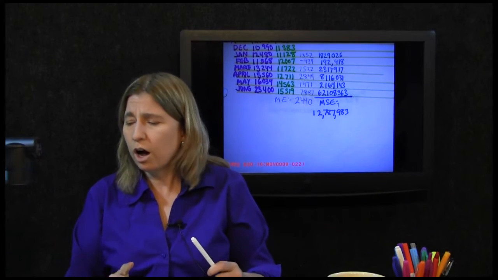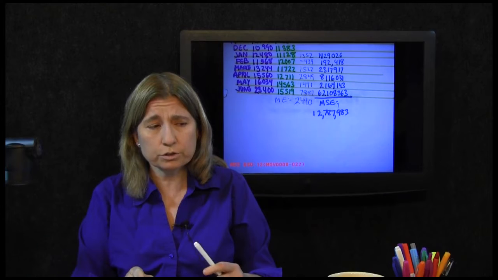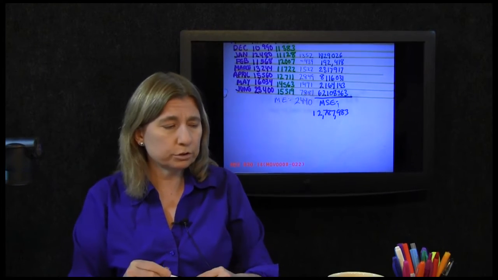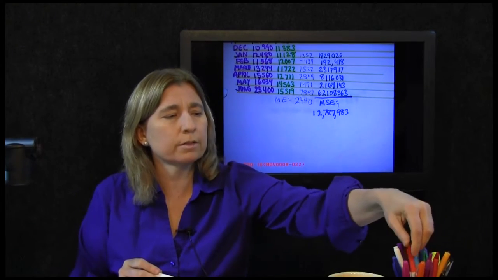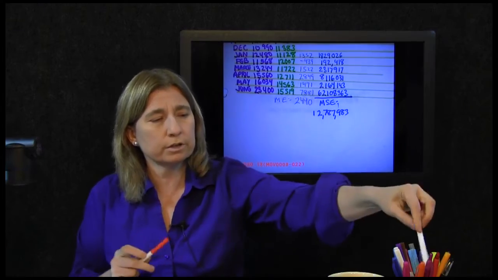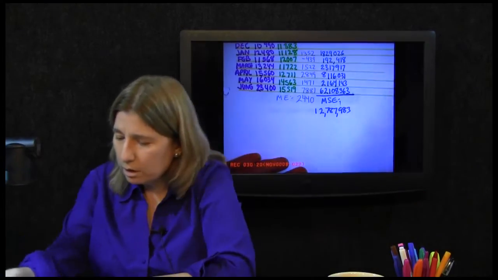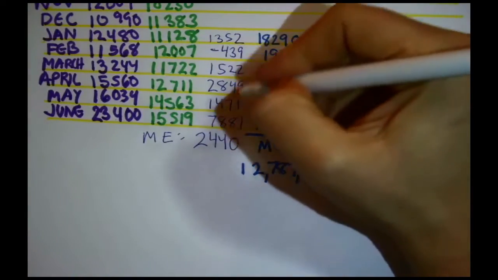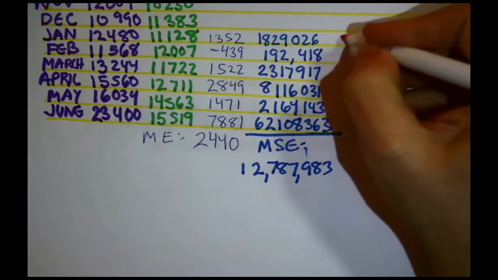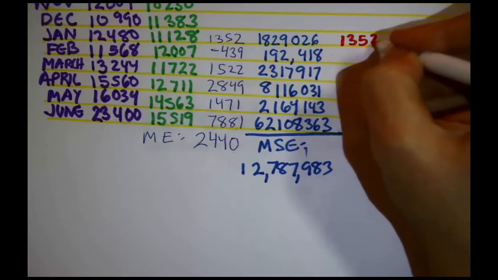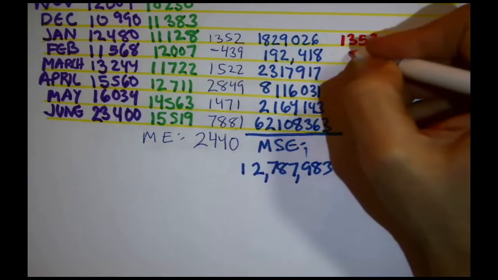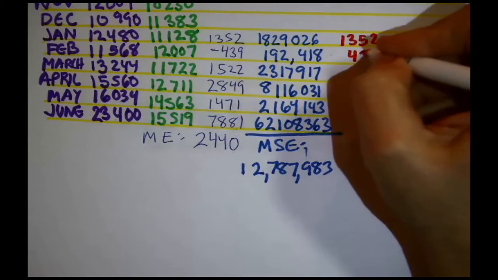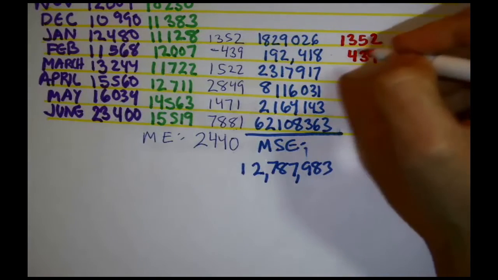Now, other error measures. How about the mean absolute deviation? That we just take the errors and we drop any signs. Okay, this is mostly just copying. The only sign there to drop: the absolute value of a negative 439 is just 439.